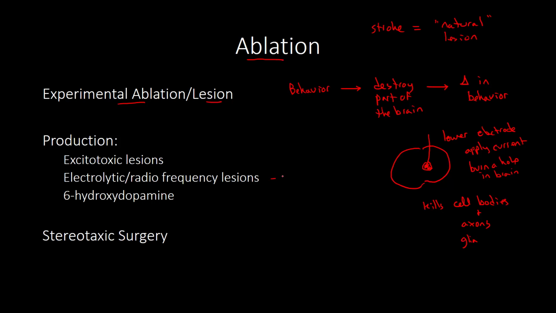I can also, for excitotoxic lesions, take my brain, inject a needle, and infuse something like glutamate. What that glutamate is going to do is diffuse, and it's going to overexcite neurons.